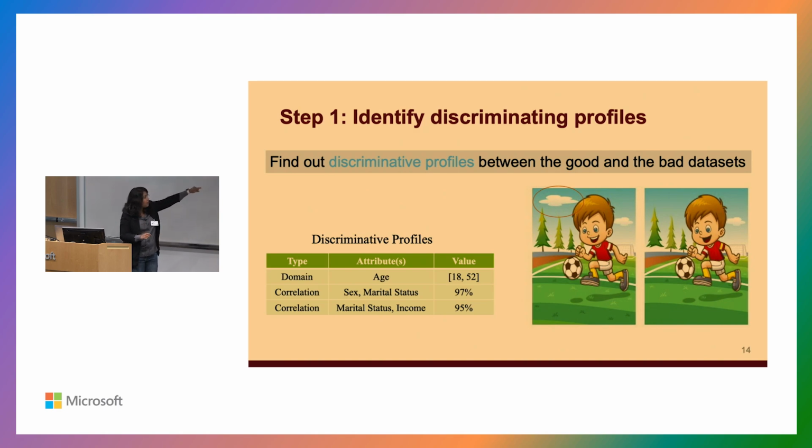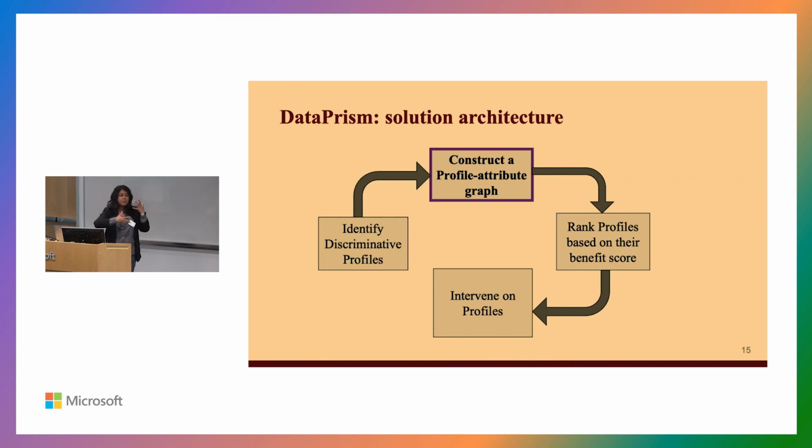You can see our actual issue is here in the second column. That was the discriminating one, that was the actual reason for what happened, but there are other discriminating profiles. Now the second part is, among these discriminating profiles, there could be many such. Yes.